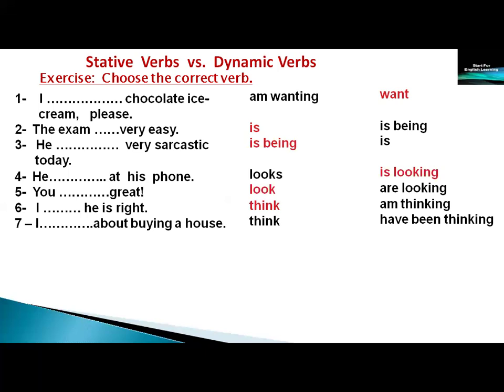7. I dots about buying a house. Think or have been thinking? Have been thinking. I have been thinking about buying a new house, meaning I've been considering buying a house. 8. Dots in what he says. Are you believing or do you believe?